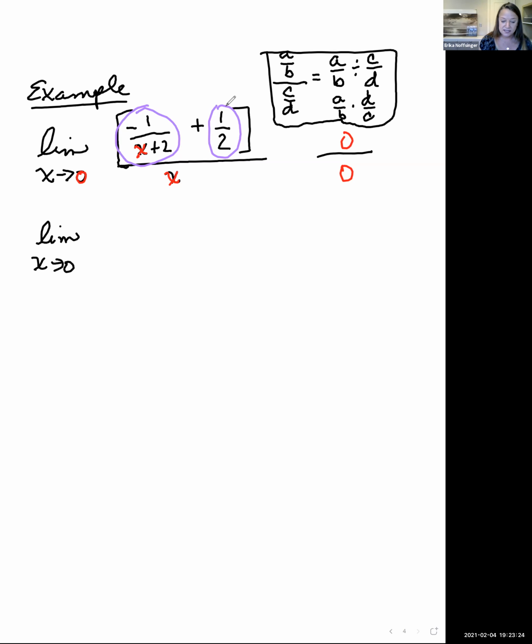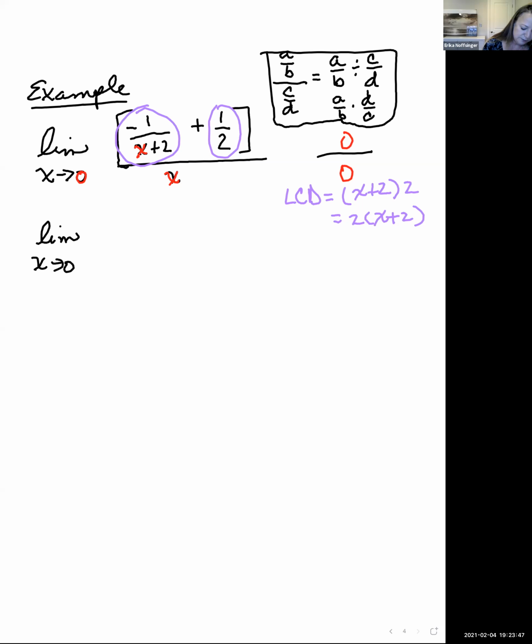The least common denominator for both of those: none of those have common factors, so we need both pieces. We need the x plus 2, and we need times 2. Doesn't matter the order I write that in. Normally, I would write this as 2 times the quantity x plus 2.